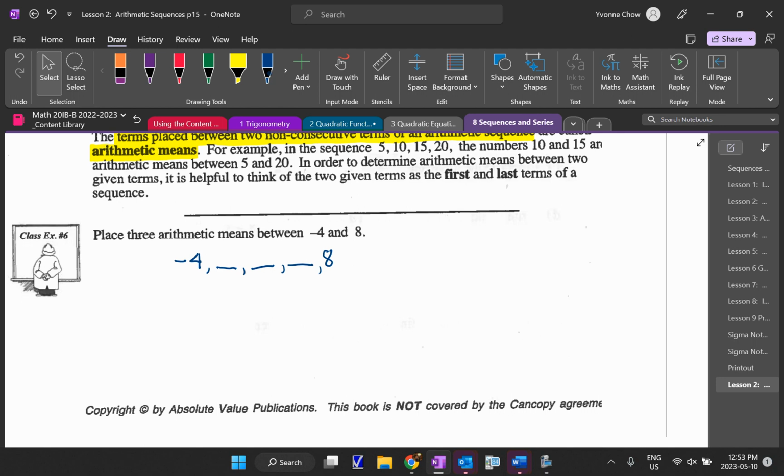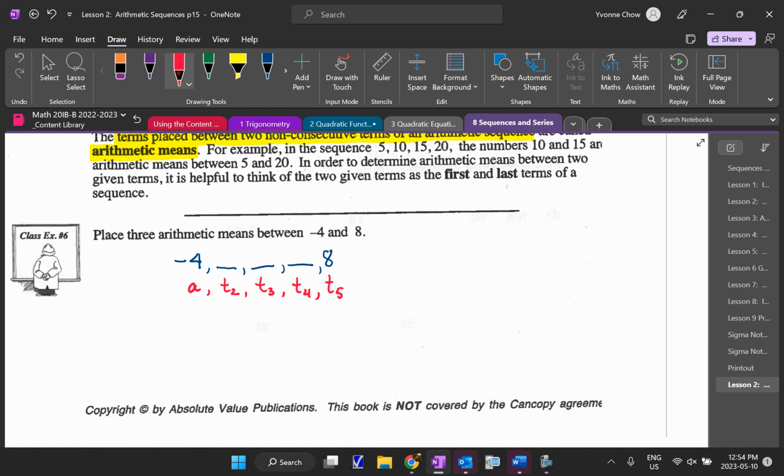We don't know what position -4 is in, but we can hypothetically say, what if this was my first term? Then this is term 2, this is term 3, this is term 4, and 8 would then be term 5.